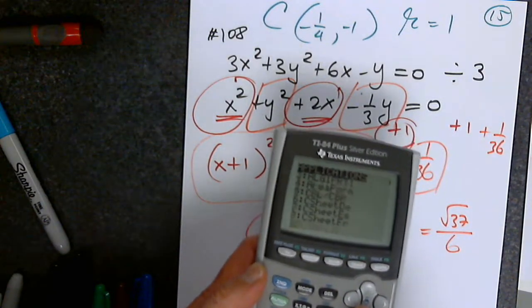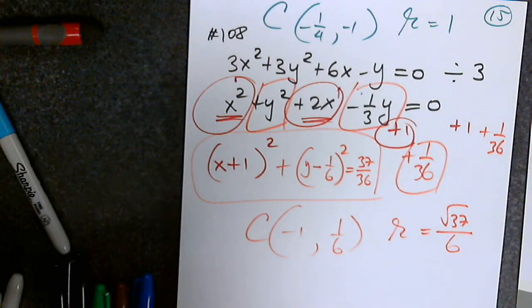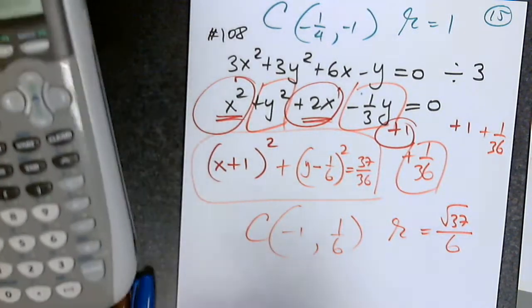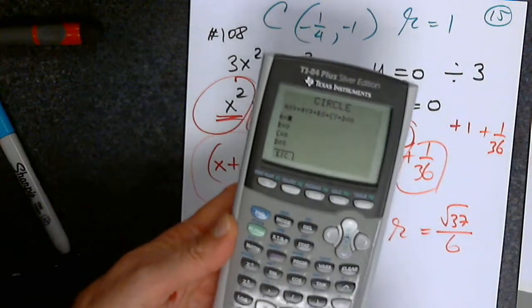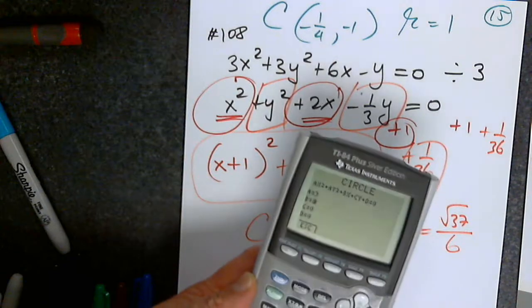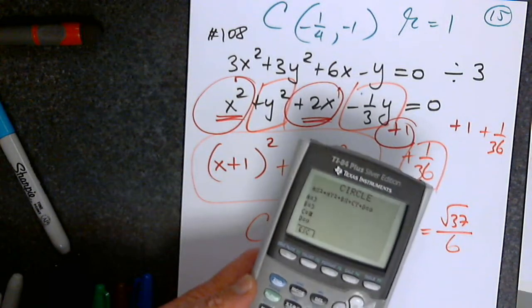Let's go back. Let's try. I don't know that it will give you the center. It will complete the square for you. So if you go to the circle and this time you go to the second one and you plug in what we just had, right? A is 3. B is 3, right? C is 6.